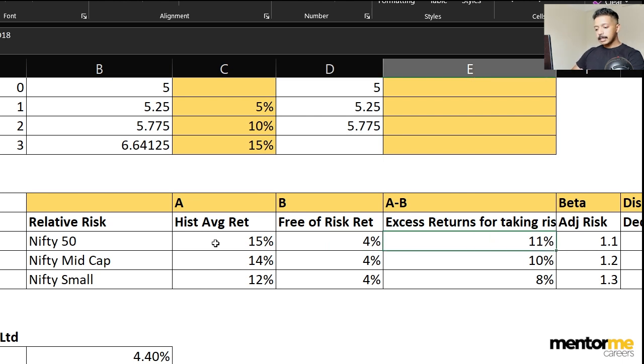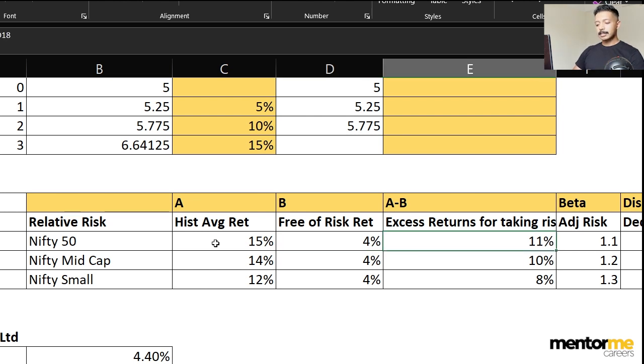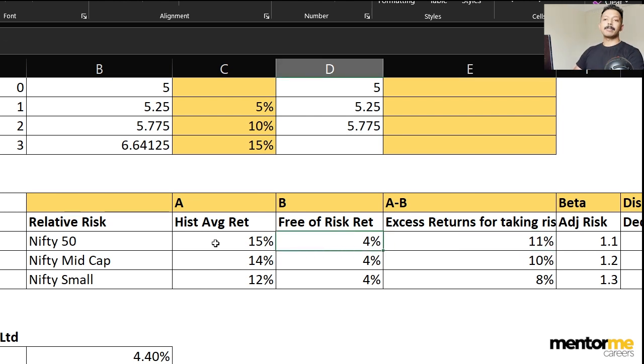Now we are asking about what is over and above the free rate, because if I invest in government bonds, there is actually no risk. The government can always print money, and at least in terms of the stability of the Indian government, the expectation of default is very less. So we are saying there is absolutely no risk in investing in government bonds.